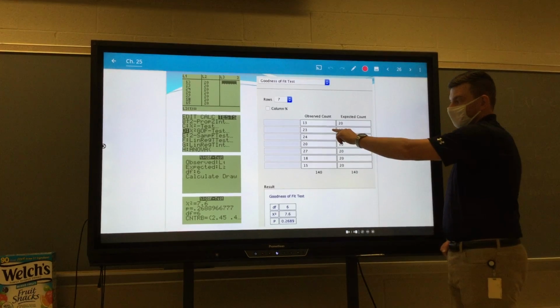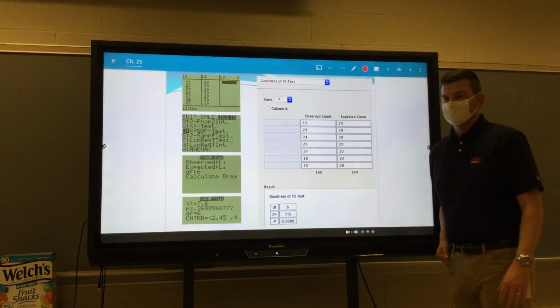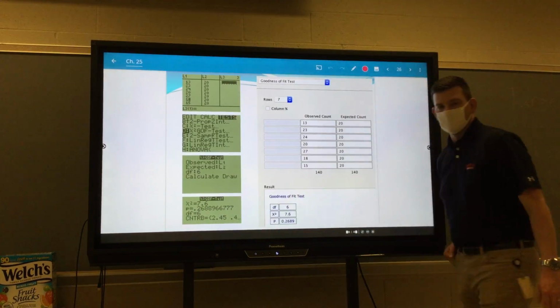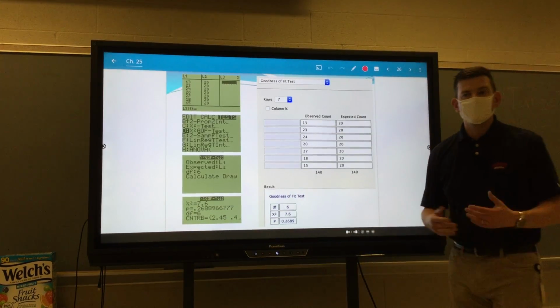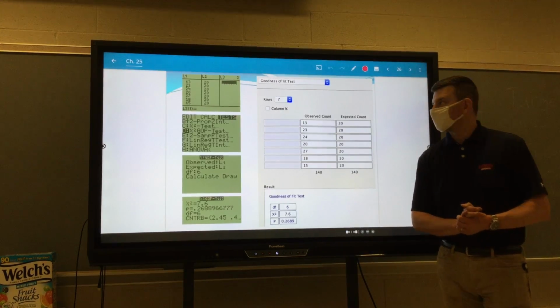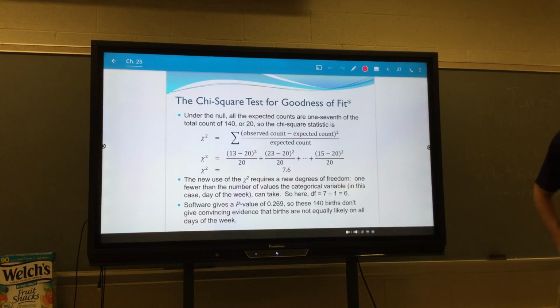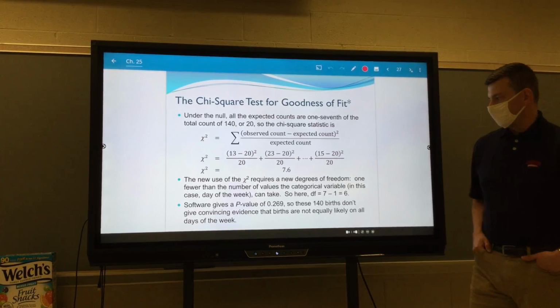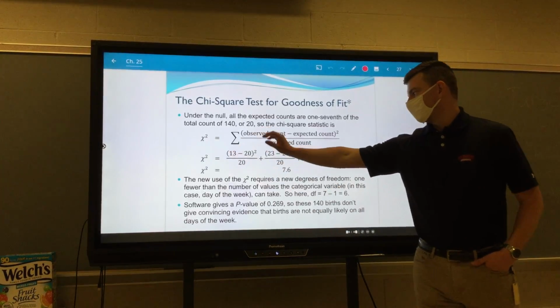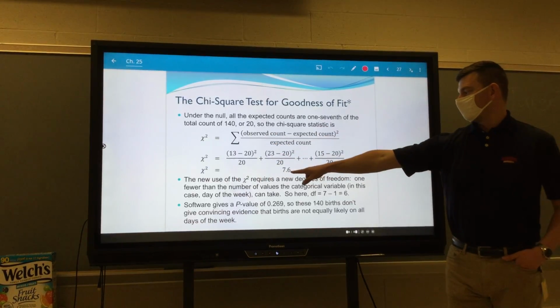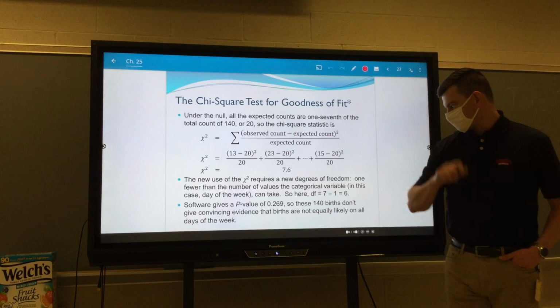On Monday, 23 versus 20, that's not much of a difference, and it's 0.4. So this is just showing what happens if you're doing the count by hand. Again, each difference squared over the expected, that's where each of these values come from, and their sum gives you that 7.6.